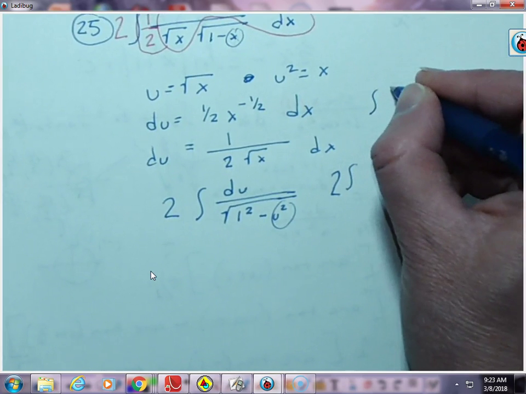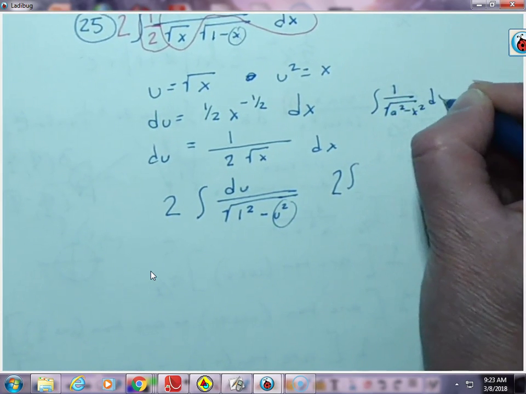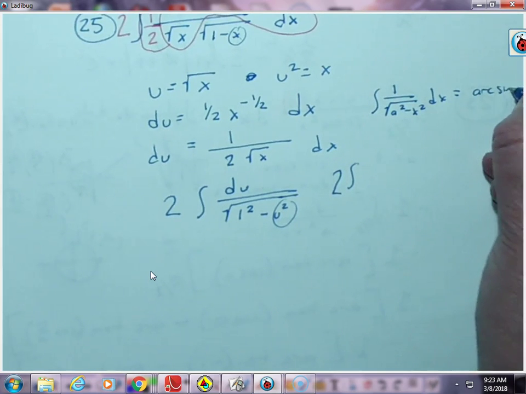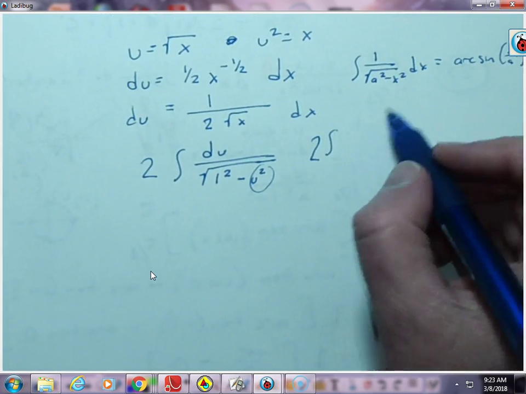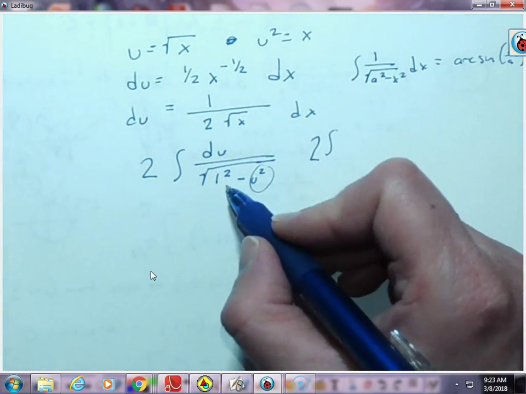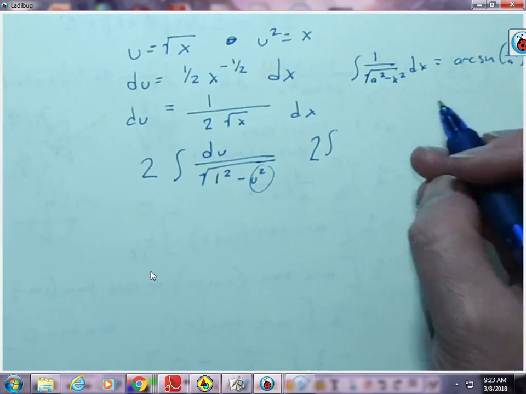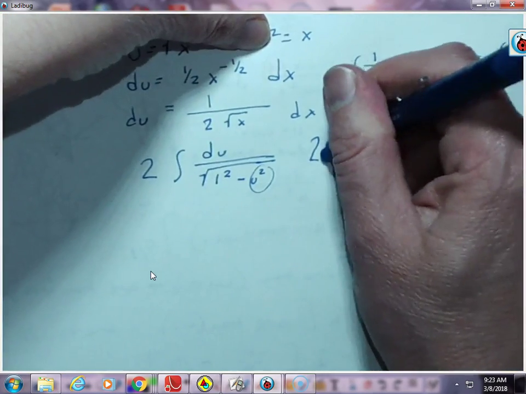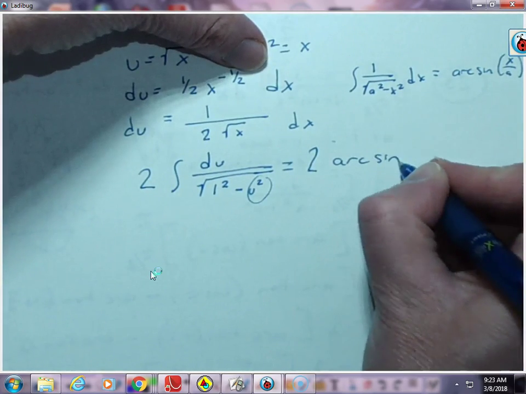Alright, so this little rule, I'll write it to the side. It's arcsine of x over a plus c. So for me, it's basically just a is 1 and x is u. So I don't need the integral anymore, actually. This would be arcsine of u.